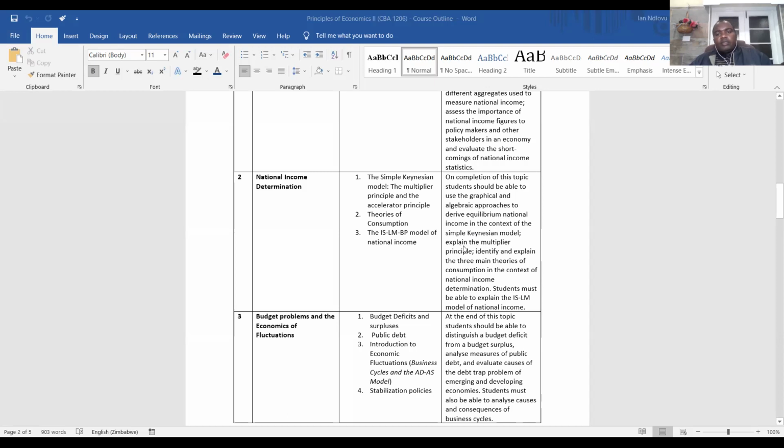And I'm expecting you as my students also to be in a position to explain the multiplier principle and also to identify and explain the three main theories of consumption within the context of national income determination, which have been advanced since the 1950s, 1960s, to explain a paradox within the context of aggregate consumption, which we are going to explore.